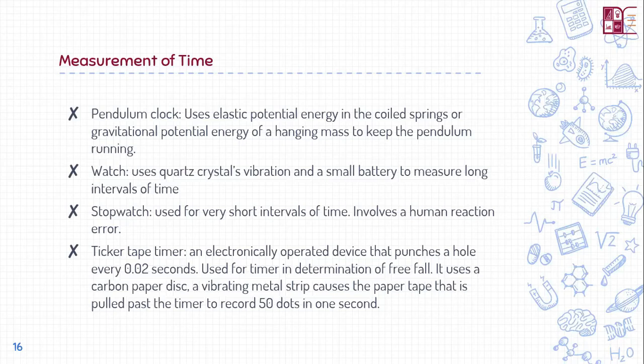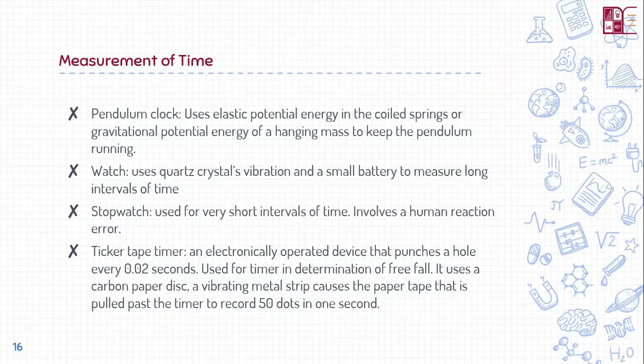So this manual operation creates the error, which is about 0.3 to 0.4 seconds. It really depends on the agility and the concentration of the person, but it is almost 0.3 to 0.4 seconds.